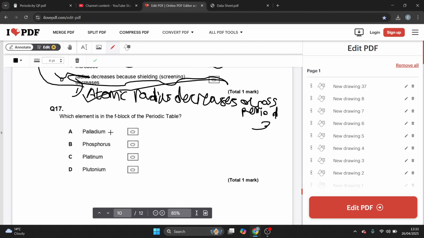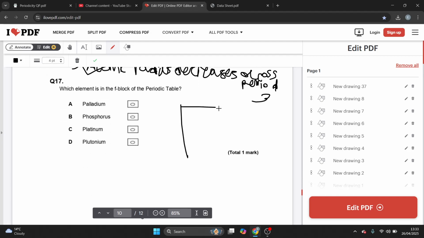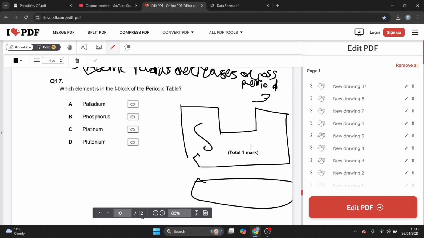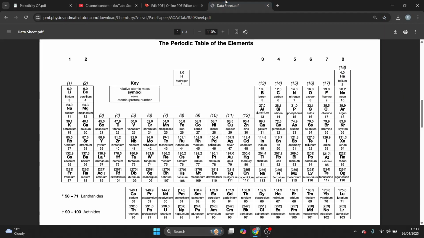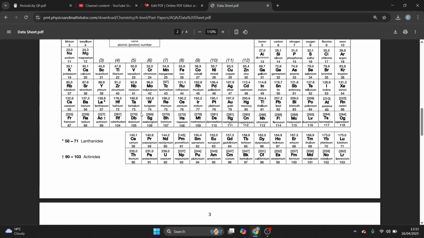Which element is in the F block of the periodic table? Quick sketch again. S, D, P, F. So the F block is here. What I would do is just look at each one. I know it's in the F block, so I'll just go to the F block and have a look. I'll start off with palladium.